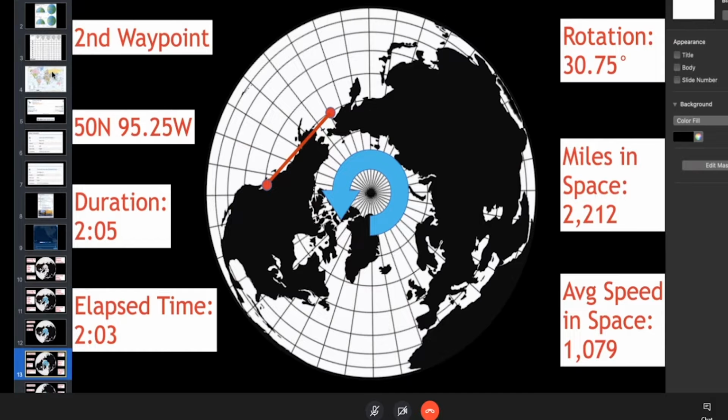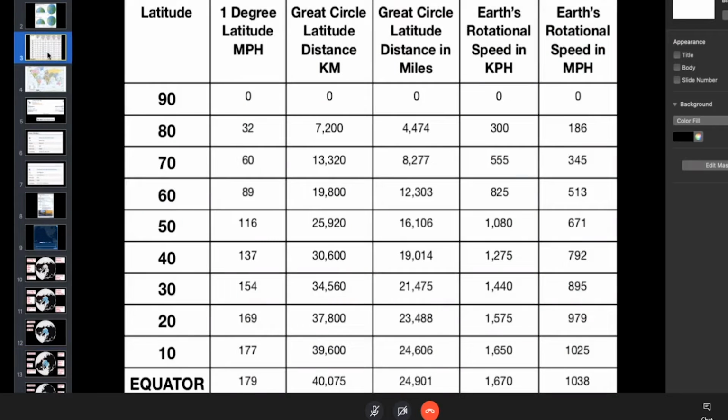Now here I've got to talk about the momentum that they supposedly inherited from the spinning Earth at the location that they started. So in Anchorage, roughly the ground speed of the Earth is 513 miles an hour. So what we're told is this plane sitting on the ground and everything on the ground in Anchorage is rotating at 513 miles an hour. And that's going to add up to a 24-hour day.